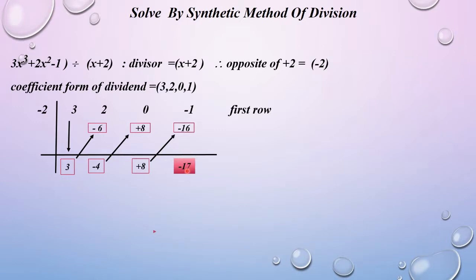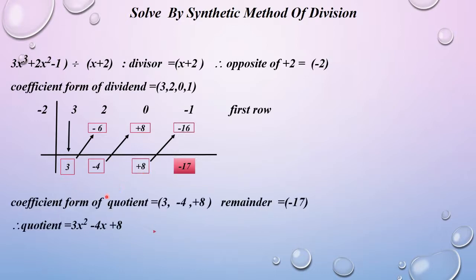And that will be the remainder of the dividend 3x cube plus 2x square minus 1 divided by x plus 2. The previous numbers will be the coefficient form of the quotient.